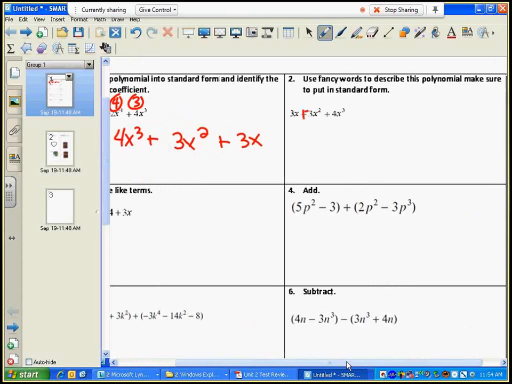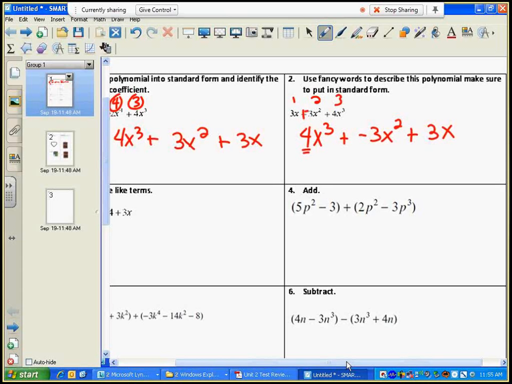I end up with this degree is 3, this degree is 2, this degree is 1, so 4x cubed plus negative 3x squared plus 3x. And the leading coefficient is 4. It's a polynomial of degree 3, because the term of the greatest degree is 3.